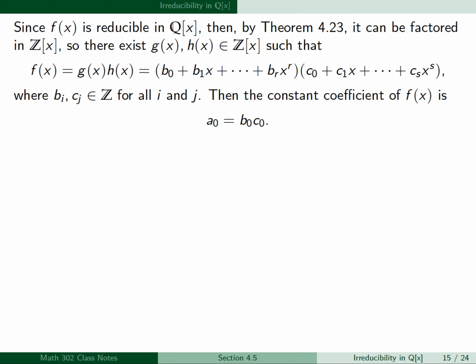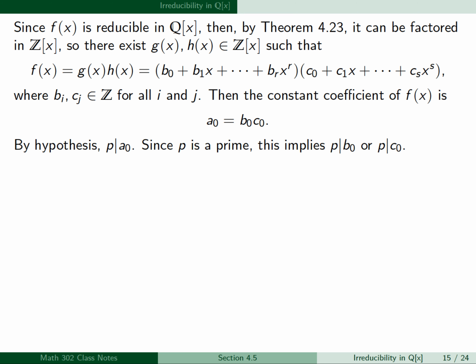Then the constant coefficient of f of x will be the product of the two constant coefficients for g of x and h of x, so a sub 0 equals b0 c0. And by our hypothesis, the prime p divides a sub 0, and since p is a prime, this implies that p divides b0 or p divides c0, and this gives us two cases.